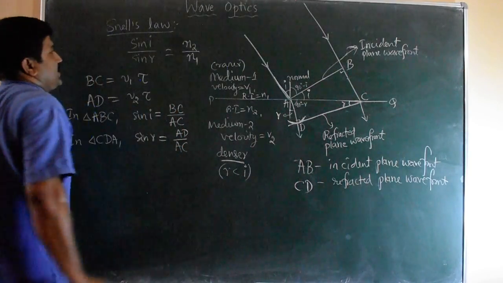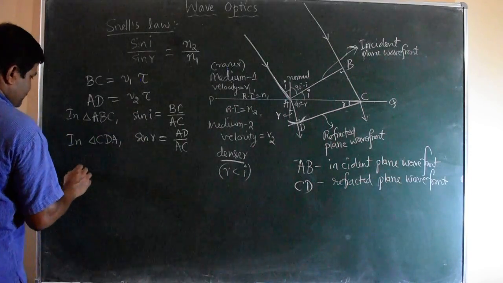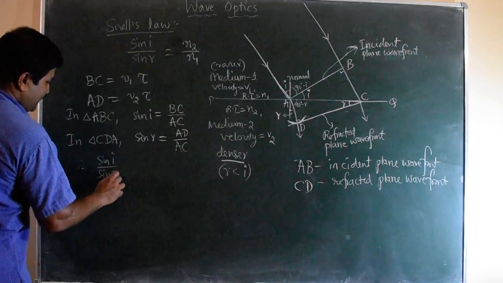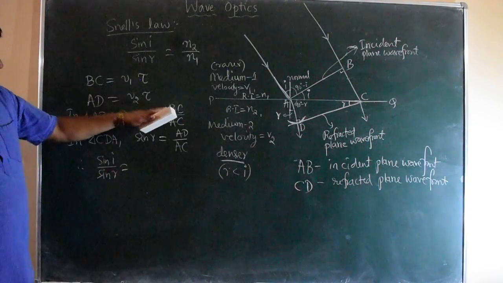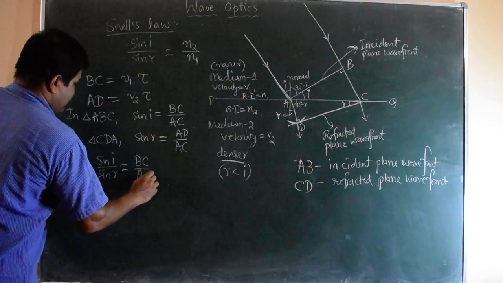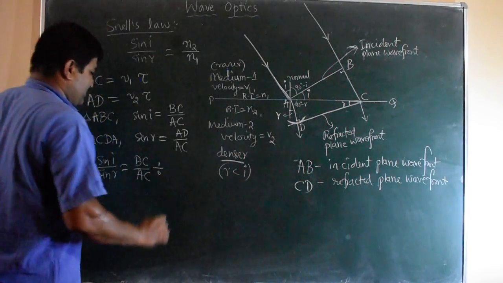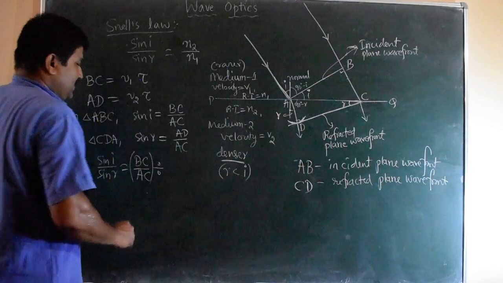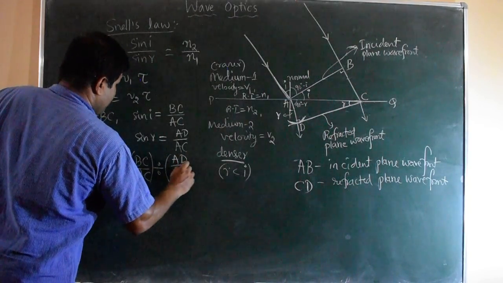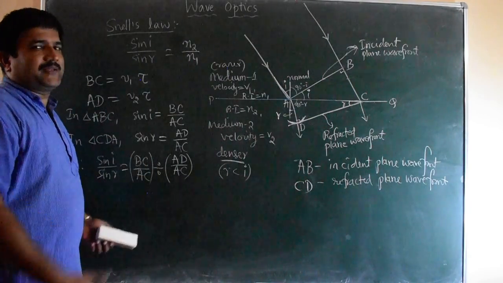Now we observe that in Snell's law, we have to take the ratio sin I by sin R. So we have to divide. Therefore, sin I divided by sin R equals BC divided by AC, which is sin I, divided by AD by AC, which is sin R. Whenever it is divided by, as I studied in lower classes, multiply by the reciprocal.